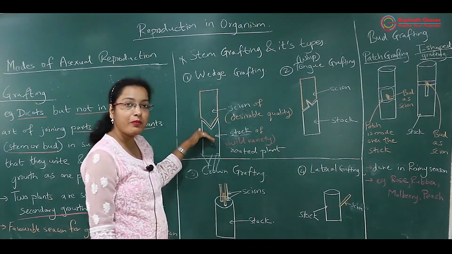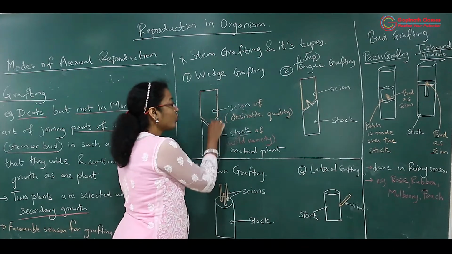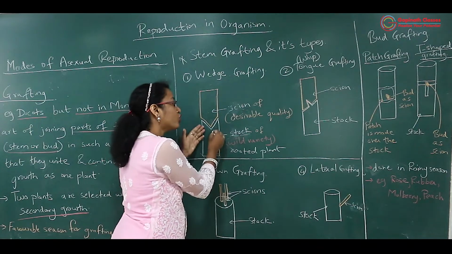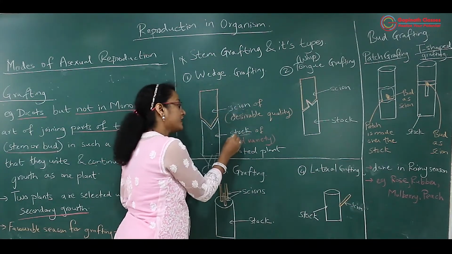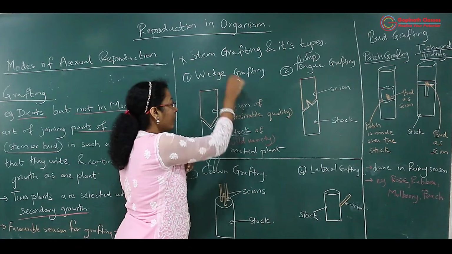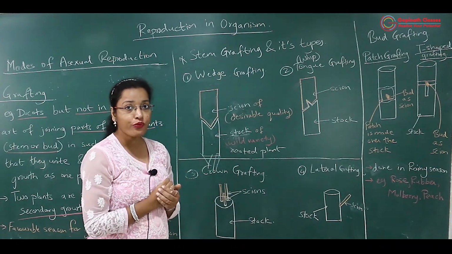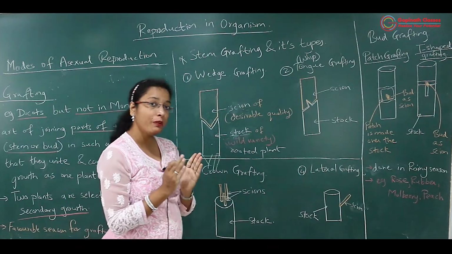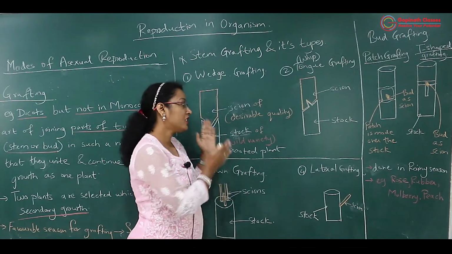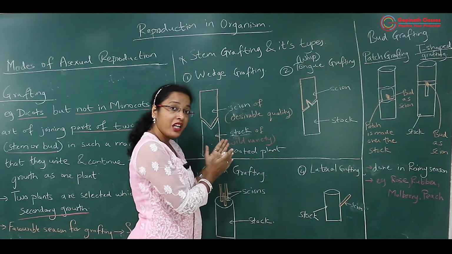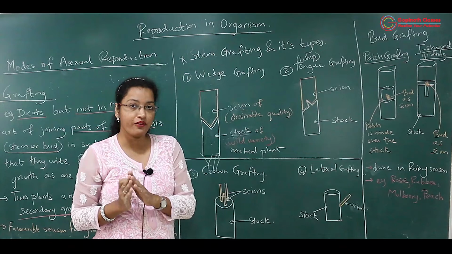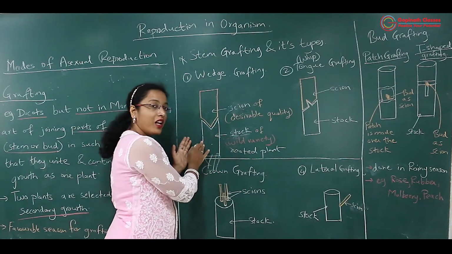So that after some time what will happen, there will be growth of the cambial cells, that is meristematic cells, and there will be fusion of the stalk and scion, that is the red colored rose stem and the black colored rose stem, fusion will occur, and likewise there will be formation of one particular plant which will produce red colored rose as well as black colored rose. So what is happening here? This is the form of grafting wherein you will get two different qualities of flowers, that is red colored as well as black colored.